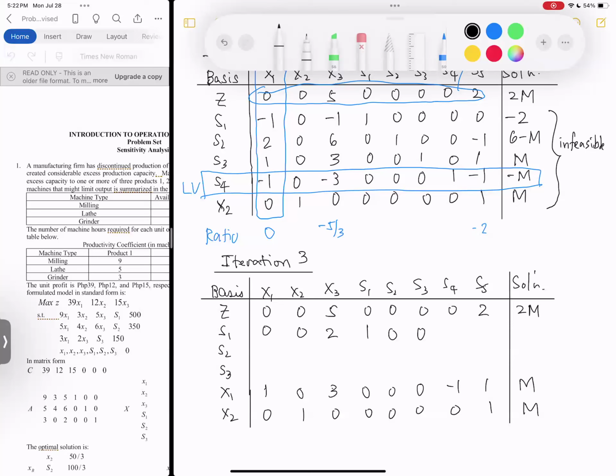Then -1 plus 0 is -1. And then 1 plus 0 is 1. And then m minus 2.